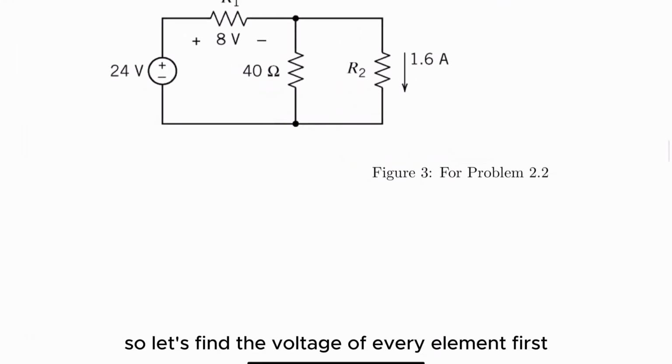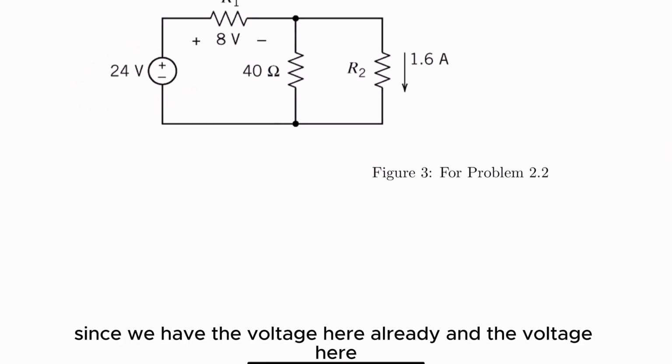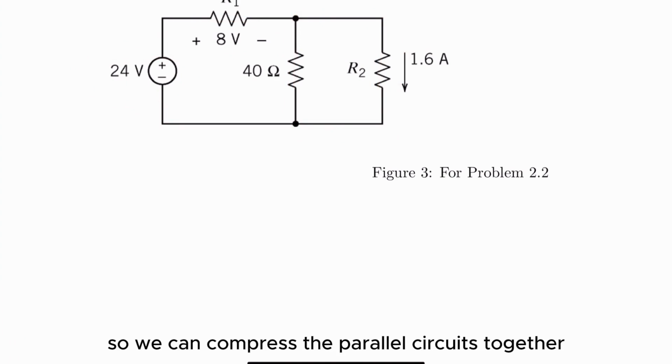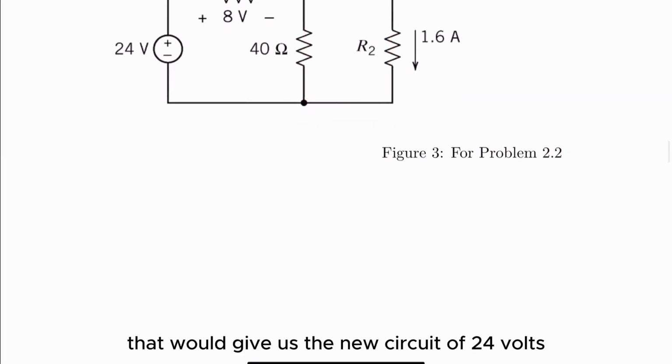So let's find the voltage of every element first, since we have the voltage here already and the voltage here, and both of these are equivalent. So we can compress the parallel circuits together. That would give us the new circuit of 24 volts.